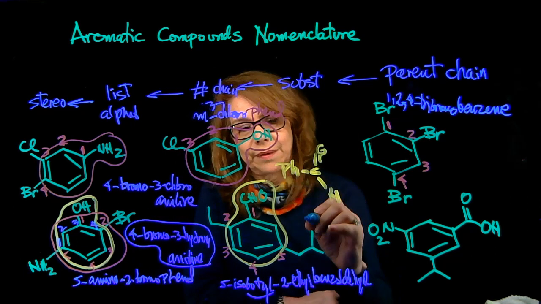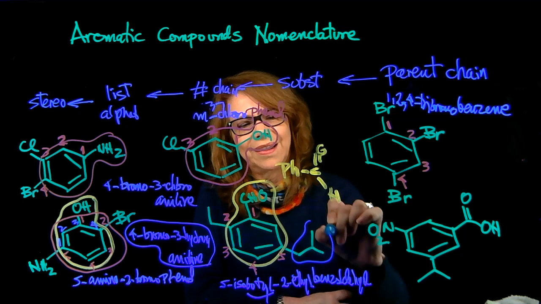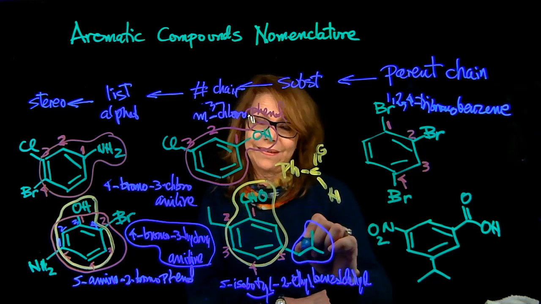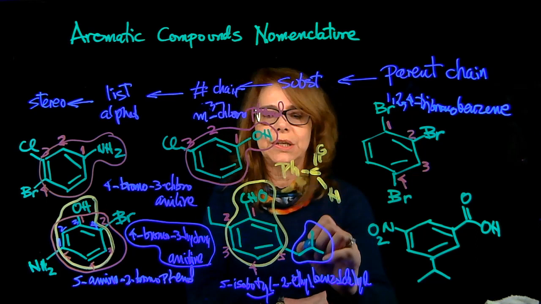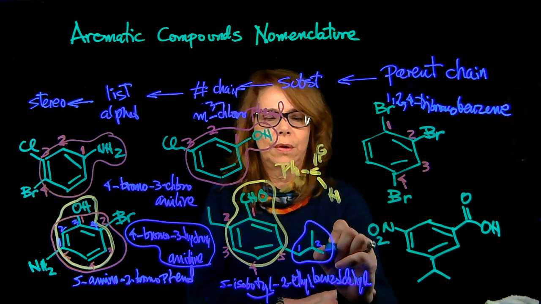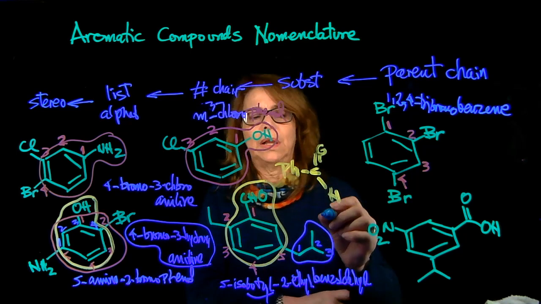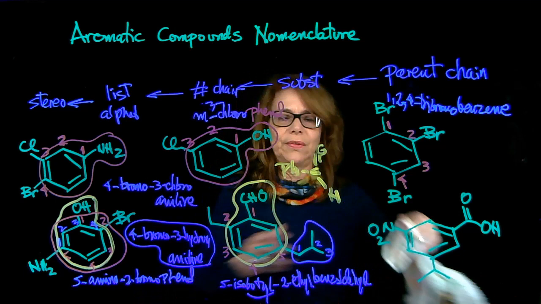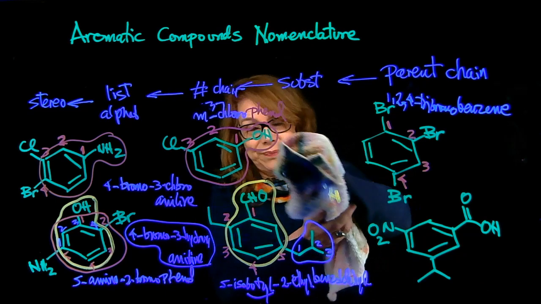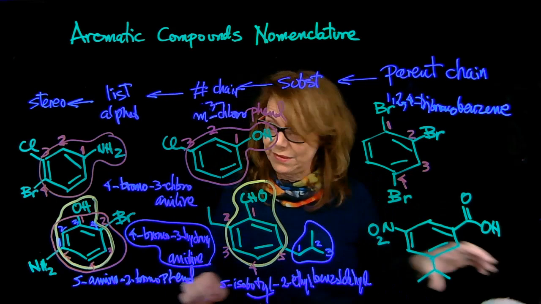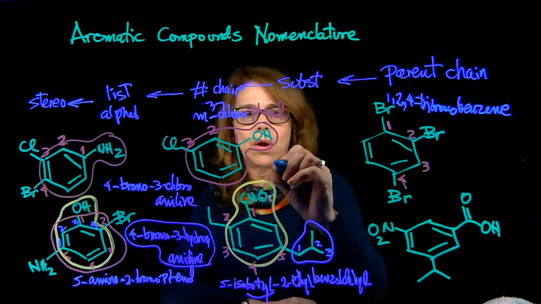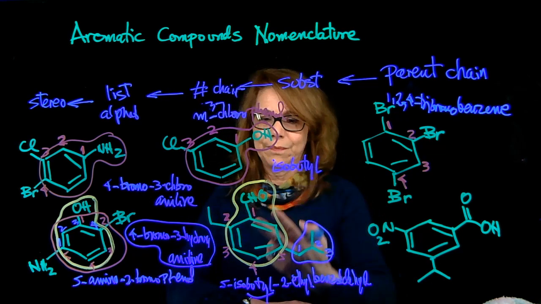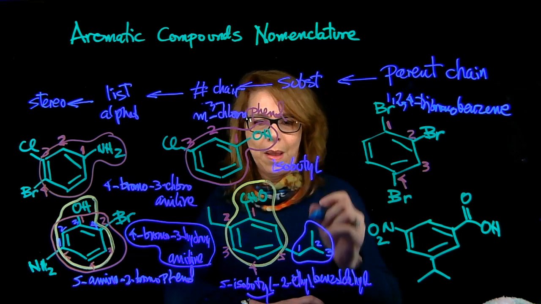Substituents can also be named using IUPAC. Instead of using isobutyl, notice that the parent chain of the substituent has 1, 2, 3 carbons. So isobutyl is 2-methylpropyl. I'm going to write that down, because that's the IUPAC naming of that substituent, which is branched.